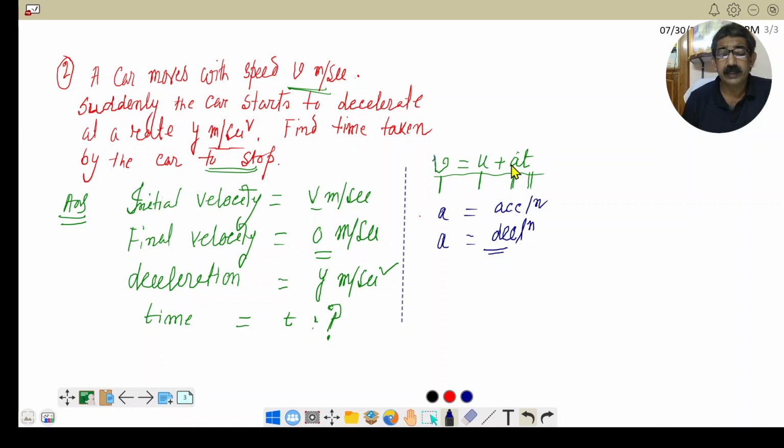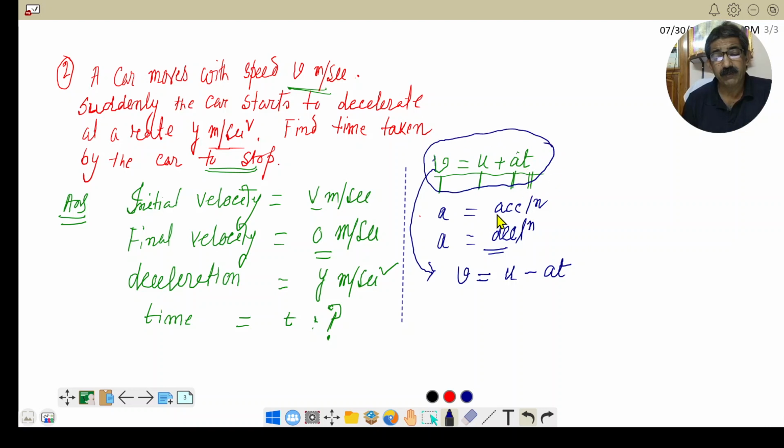When it signifies deceleration, the formula changes to this form: V is equal to U minus AT. So this formula is applicable for acceleration, and this formula is applicable for deceleration.